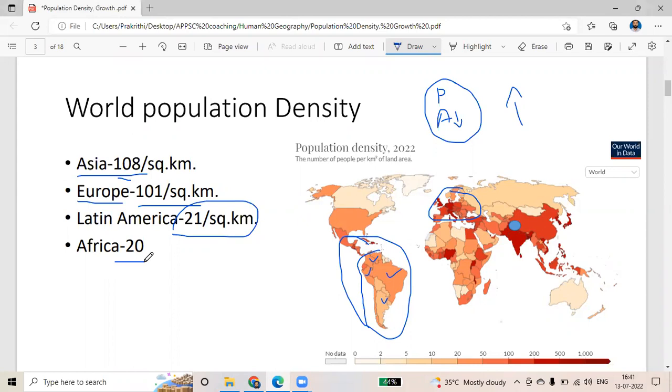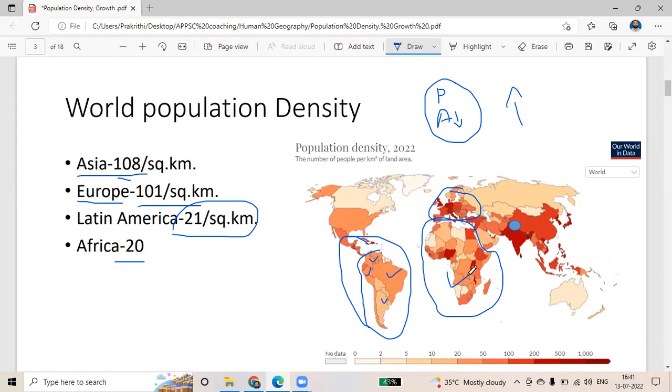Africa, we know that the population distribution, when we say world contribution, is almost 17%. तो 17% तक अफ्रीका में है, but the fact is that the size of the African continent is comparatively higher. अभी लैटिन अमेरिका से ये तो और ज्यादा बड़ा है. That is how it is being distributed.